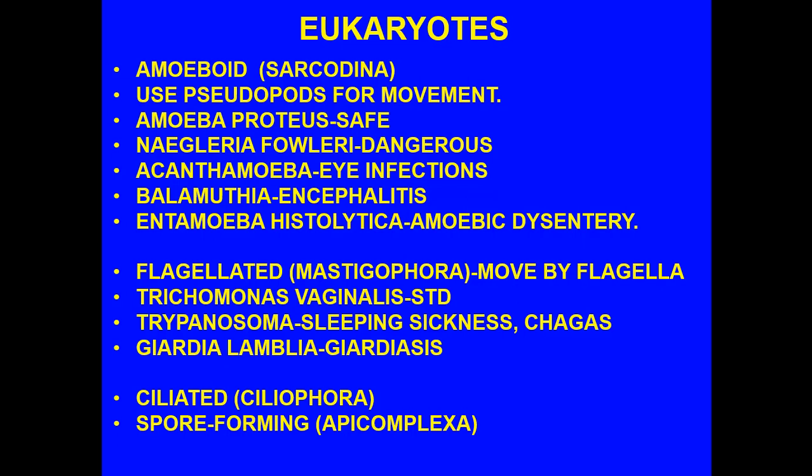Acanthamoeba are well known to cause eye infections, eye ulcerations. They occur when people have been having contact lenses on for too long. Balamuthia is a cause of encephalitis. The big one in Sarcodinia is Entamoeba histolytica. This is the cause of amoebic dysentery.